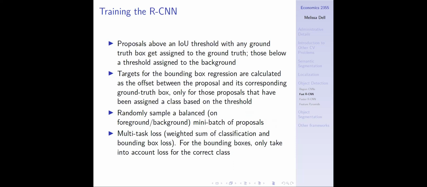You think of each of these proposals almost as a different image that's going through your classification and regression network, except you're not recomputing the ConvNet each time. You're getting it from the final features of the ConvNet, but you think of each of these regions of interest as a mini batch. And then you have your multitask loss at the end, where you have the weighted sum of the classification and the bounding box losses.